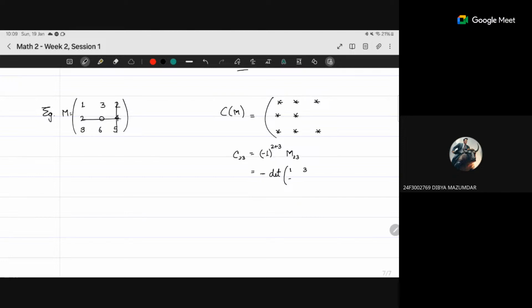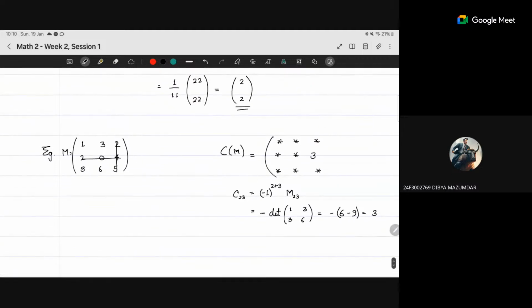This is 1, 3, 3, 6. This is -6 minus 9, so 3. Is that fine? Yes, sir. Now it's fine. So this is 3. And similarly, you do for every other entry.